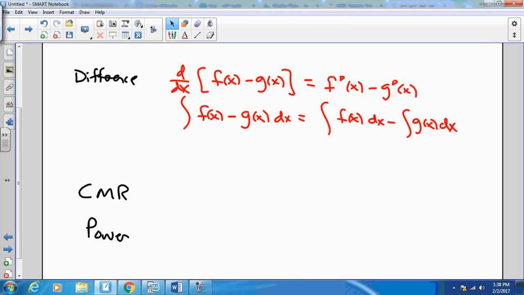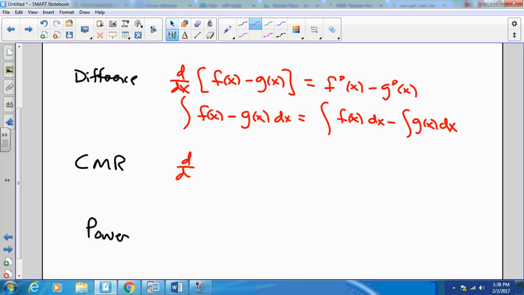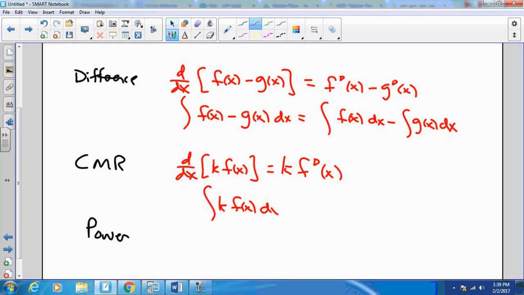And because the derivative of a constant times f of x is equal to the constant times the derivative of f, therefore, if I run that rule in reverse, I get that the antiderivative of a constant times f is the same as the constant times the antiderivative of f.